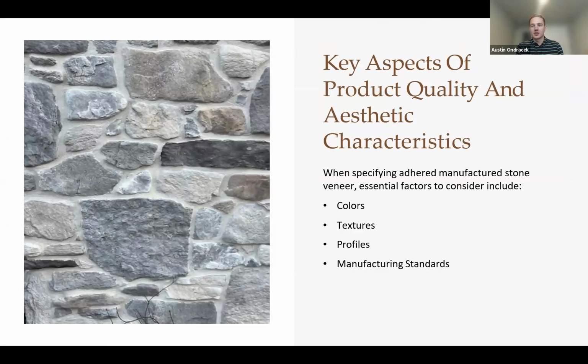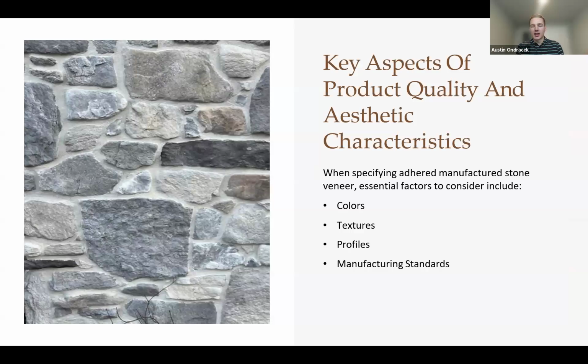When looking at some of the key aspects, whether it's product quality or aesthetic of a manufactured stone, there's a lot of things to consider. And you want the product to come out looking natural as can be. You want to be happy with its final state installed.